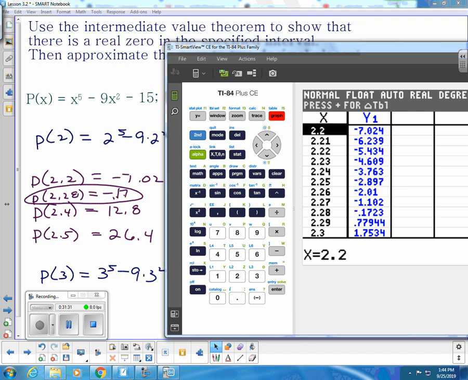You see here where the sign changes? So it's got to be between these two, somewhere. Which one is it closest to? 2.28, right? So you could say maybe it's 2.22 or 2.21. You can go through there. So that's a way to estimate it.